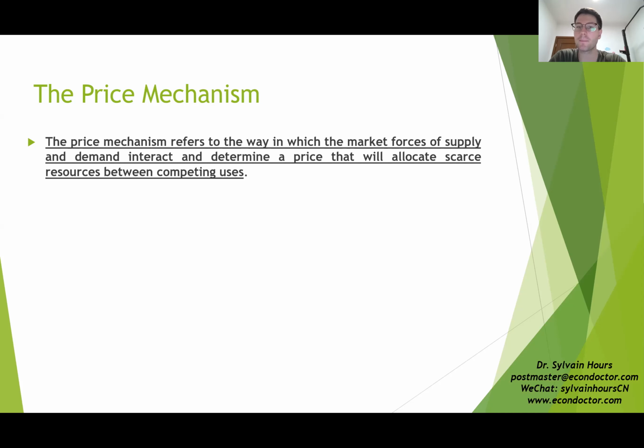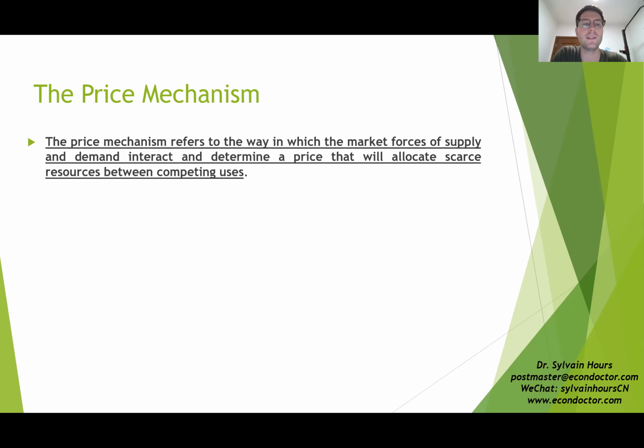And that price is what is going to determine resource allocation. This is what is going to determine how many resources firms allocate to production. That's the price mechanism.